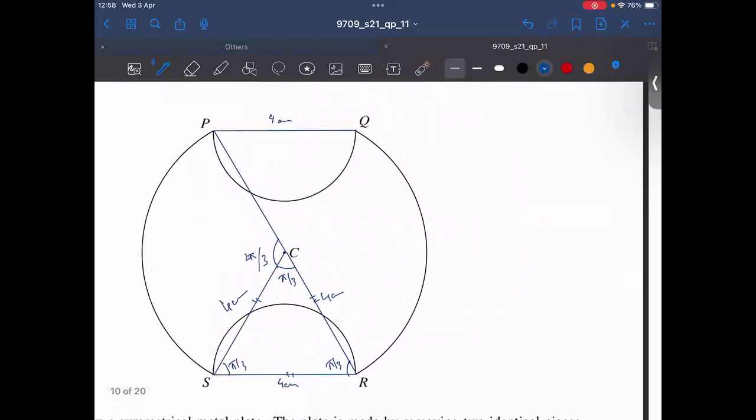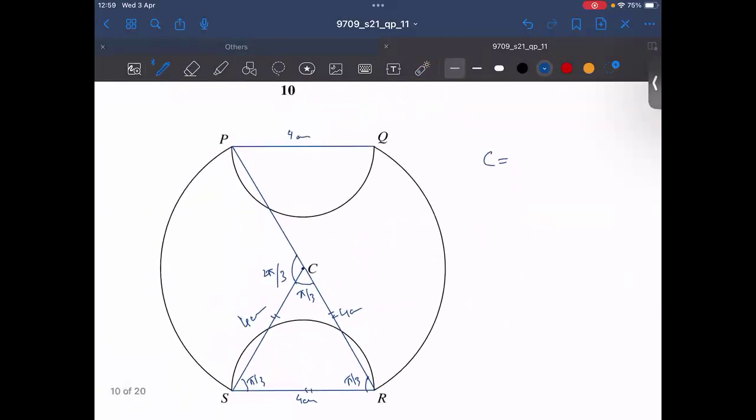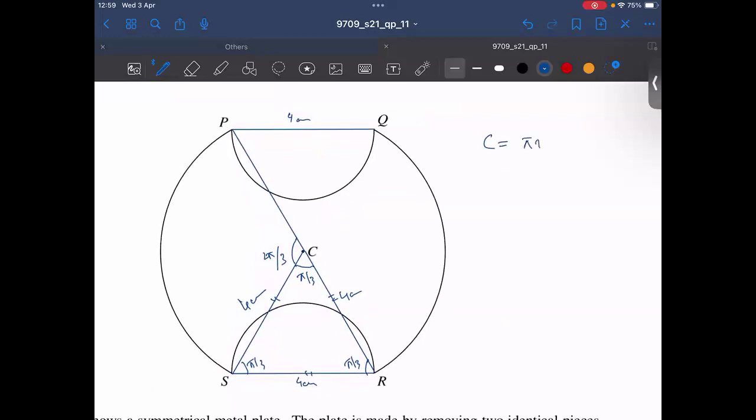The circumference of the semicircle is half of 2 pi r, which is pi r. That is the curved length of the semicircle, and I'm going to multiply it by 2. The circumferences of both semicircles are equal.